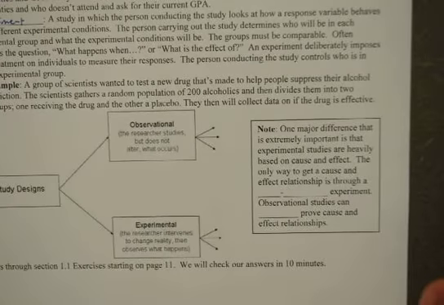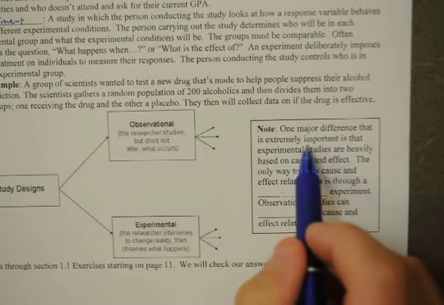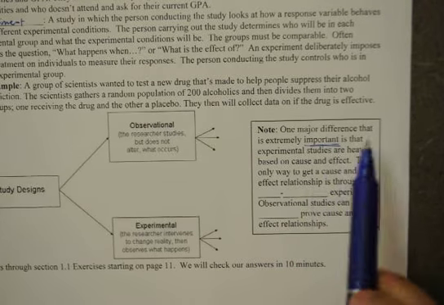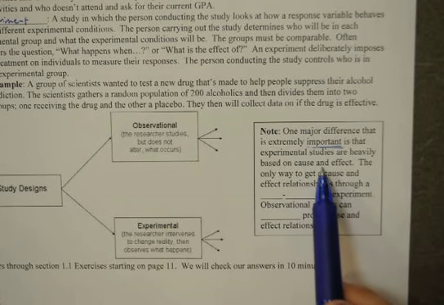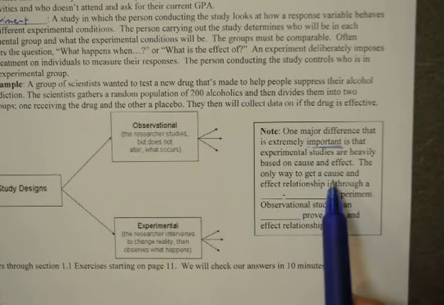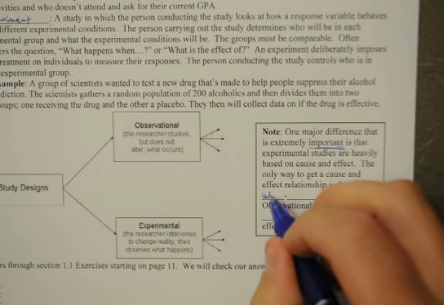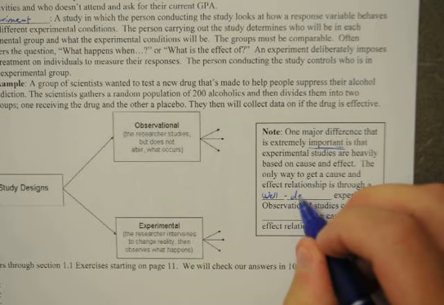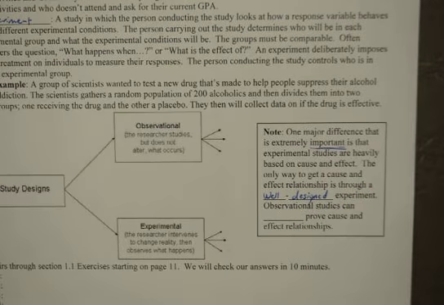Big idea here, something to note, is one major difference is extremely important. This will be very important throughout the class. Experimental studies are heavily based on cause and effect. The only way to get a cause and effect relationship is through a well-designed experiment. And as we move through the course, we're going to talk about, well, how do you design an experiment well?